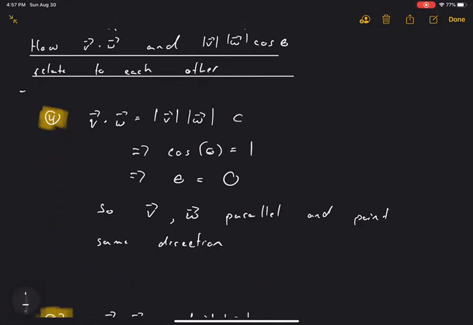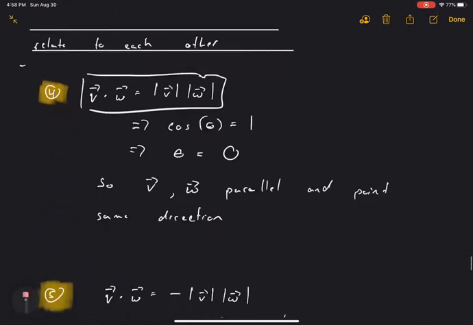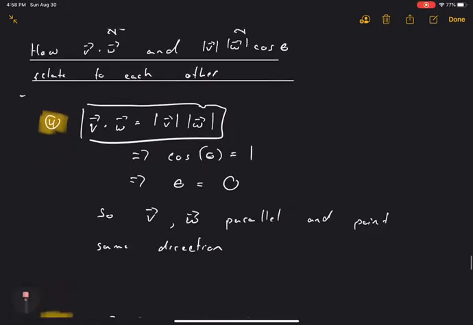Well, I should have a cosine of theta here, so cosine theta must be equal to 1. Then the angle between my two vectors has to be 0. So v and w are parallel and they point in the same direction.